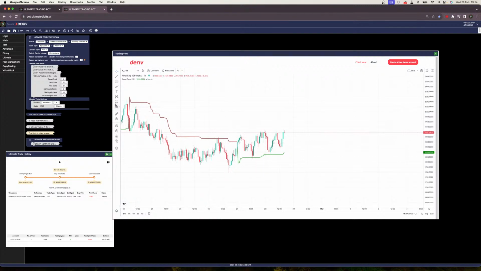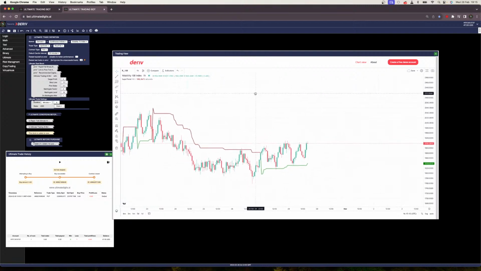So I would say right now the market is in a consolidation zone on 1 hour, so it might be hard to get a setup on this market right now. So let's see 15 minutes.